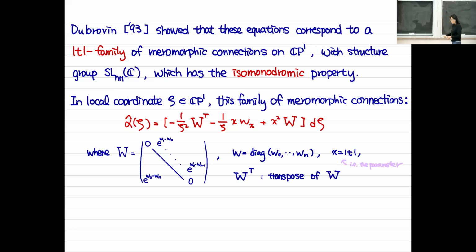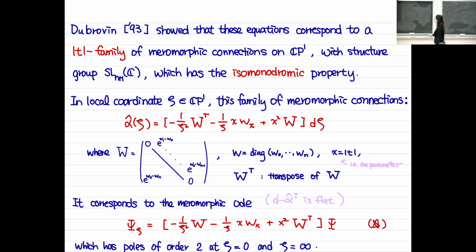So we know that for meromorphic connections, usually we say that D plus the meromorphic connection corresponds to the meromorphic ODE, but because we would like it to be in a better form, we consider instead D minus the transpose of the connection, and that also corresponds to the meromorphic ODE. So this is a flat one, D minus alpha hat transpose.